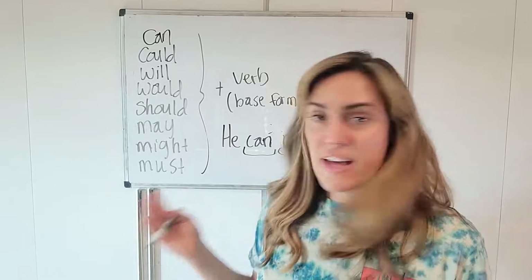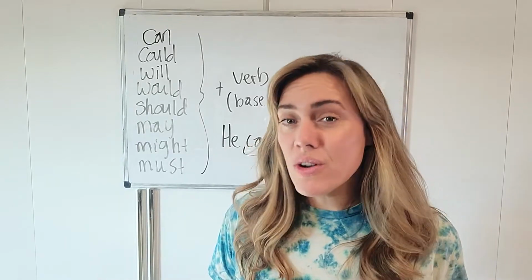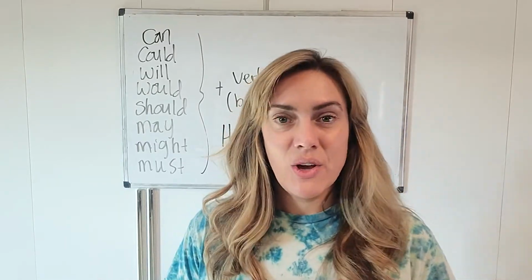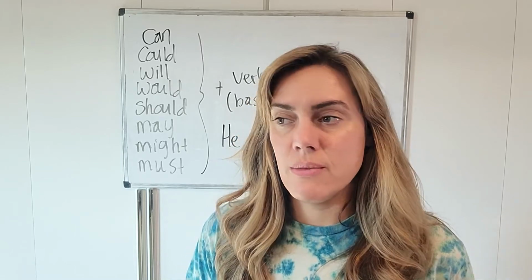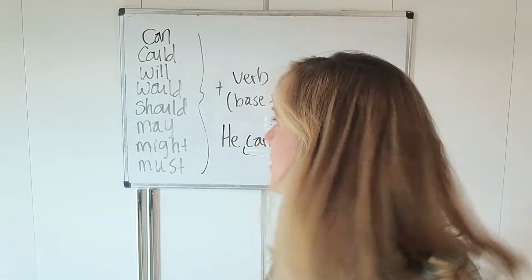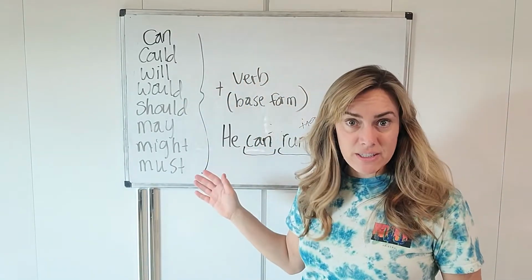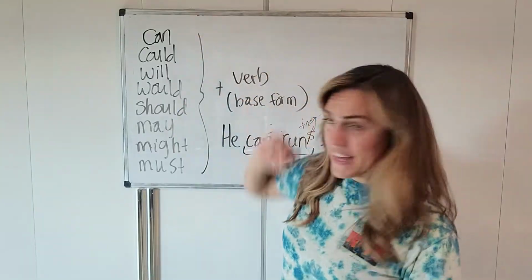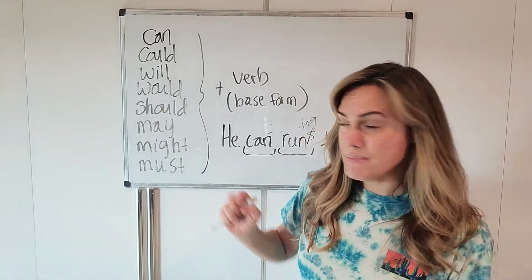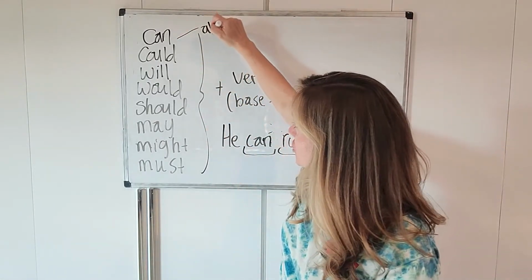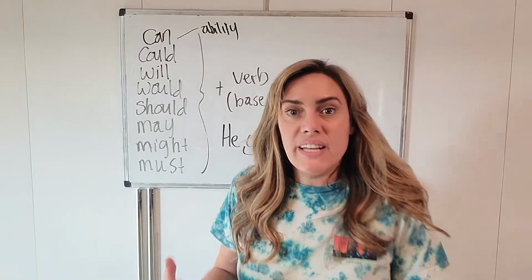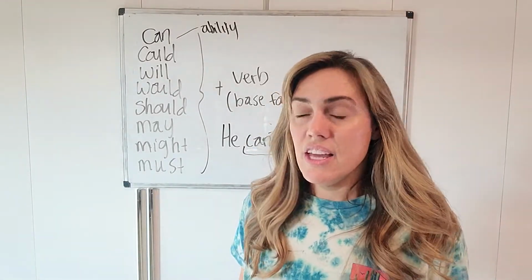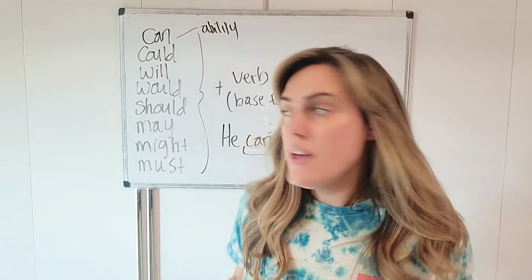Okay, so that's how to use them, but the important thing about modals is what they mean and why, right? Why do we use them and what do they mean? So I'll cover a little bit here. For can, for example, can be used to show ability, like the ability to do something, like she can swim.